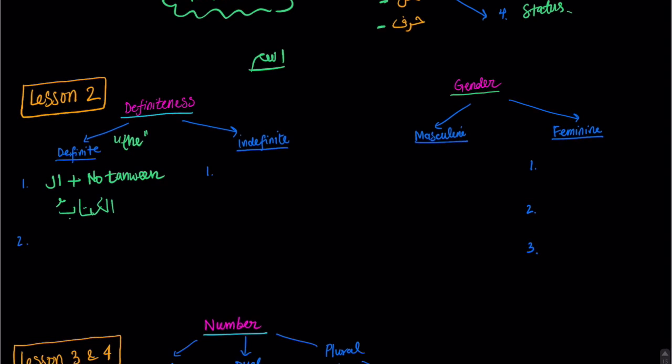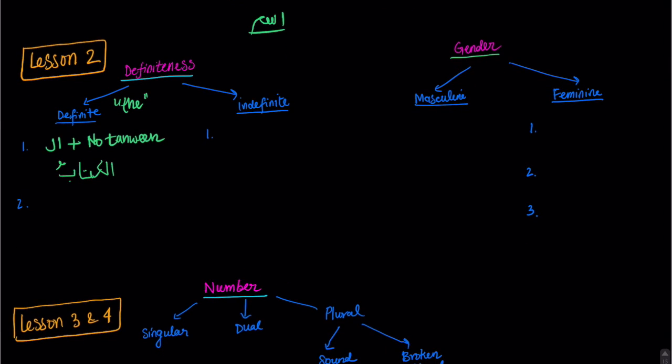al-kitabu. Another way for something to be definite is the names of people or places. They are automatically definite by meaning because we're talking about specific people. So the word Muhammad can take tanween and there's no al, but it is still definite because this is a specific name of a person.